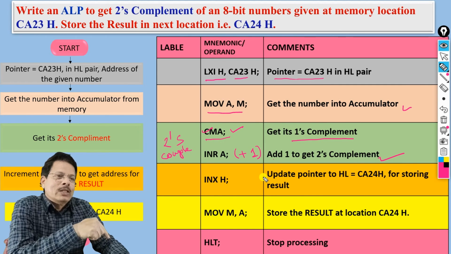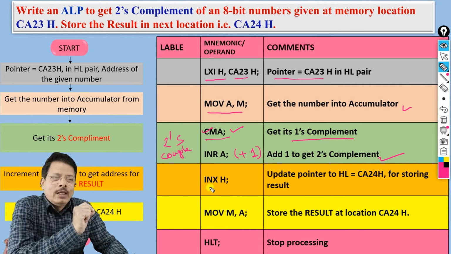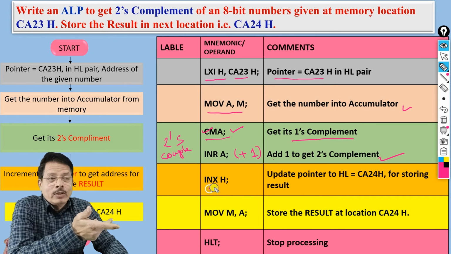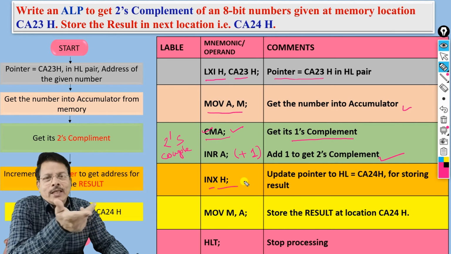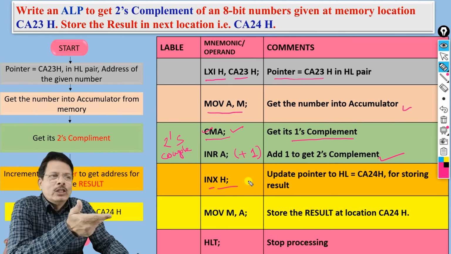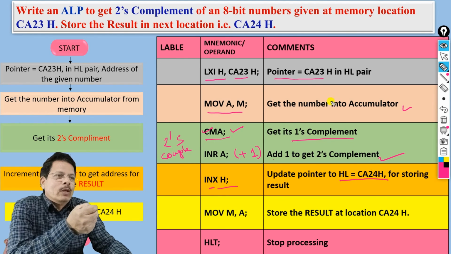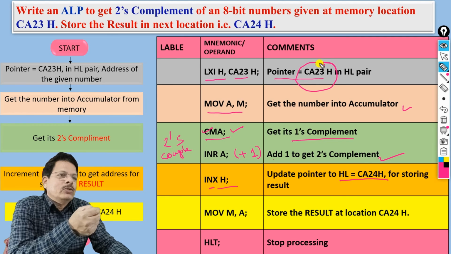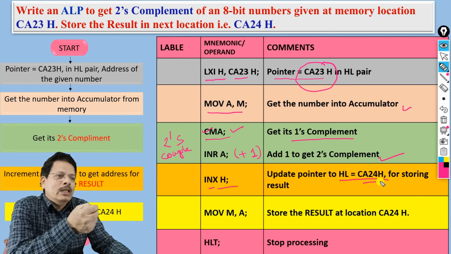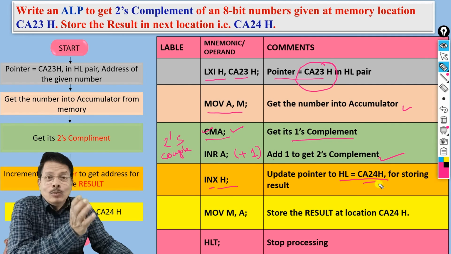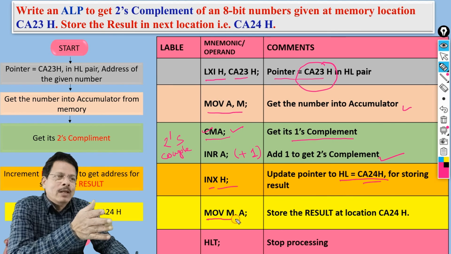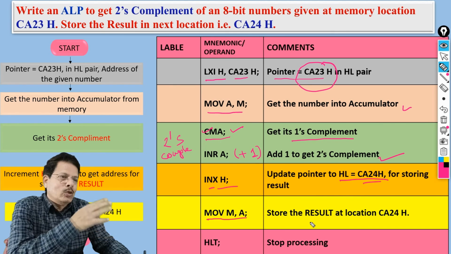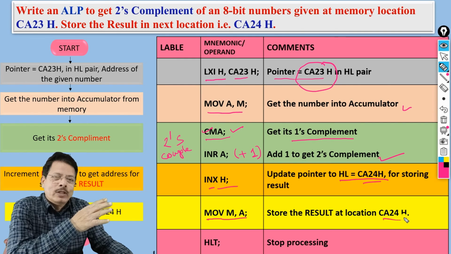With this instruction the result will be in the accumulator, and again we want to store it in the next location. To get the next location address, we update the pointer just by incrementing it, adding 1 to the HL pair. The address in the HL pair would be CA24, because earlier we initialized it to CA23. Then move to memory from accumulator, because the result is ready in the accumulator. So store the result at location CA24, that's the comment.